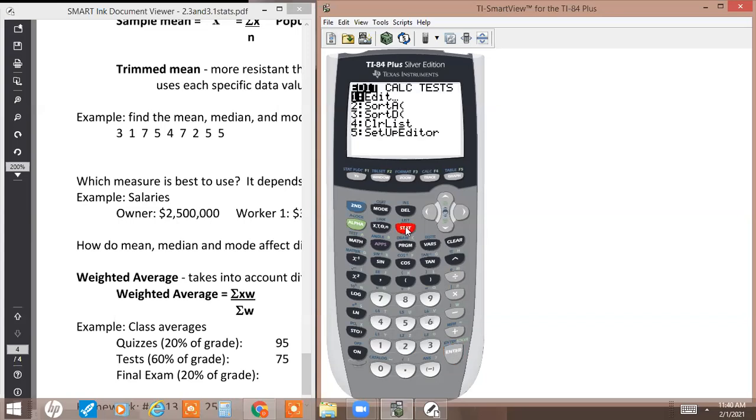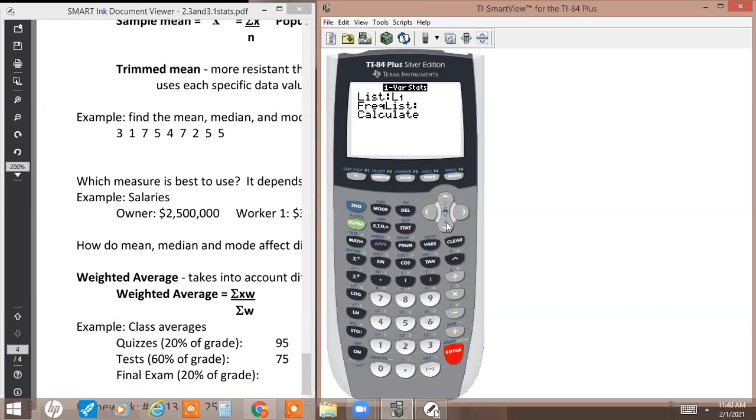At the top, we're going to arrow over to calc. By the way, the button pushing stuff is also in your textbook under the technology sections that appear in sections. Arrow to calc. We want option number 1, single var stats. You're going to run into this a lot through the course. We're going to press enter. Now, here's where some of the 84s differ. Mine has the list defaulted as list 1, which is where my data is. So that's what I want.